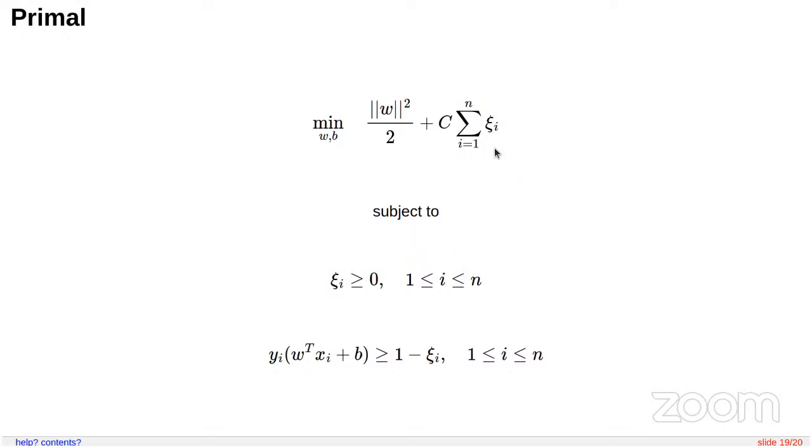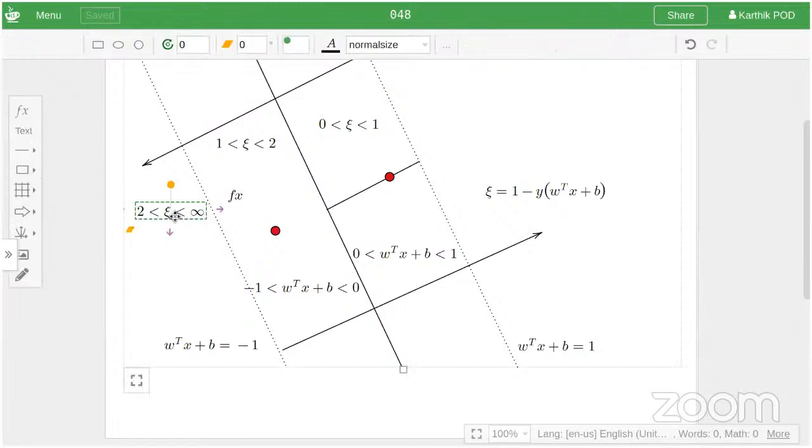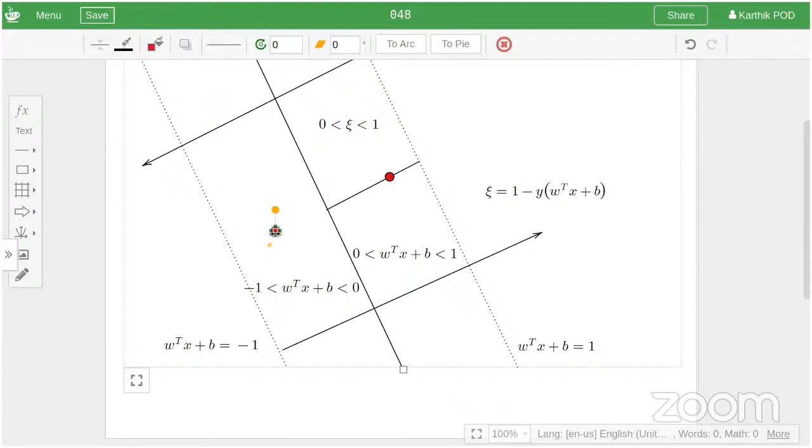Sorry, sir. That C is just some constant. It's like the regularization that we saw in linear regression, which tells you how much I have to maximize the margin versus how much I have to penalize my errors, right? What is the trade-off between these two? Let's take one example, then this will all be clear. This C actually controls the bias variance trade-off.